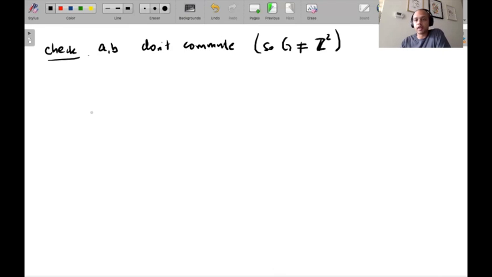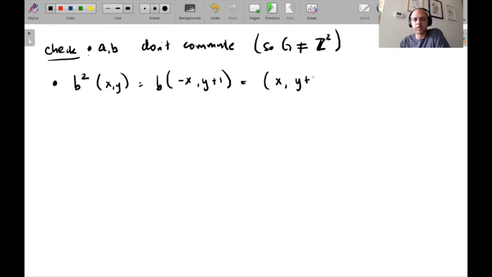Oh, but on the other hand, let me also mention that if I do B squared, so this is B applied to (-x, y + 1). I negate the x coordinate again, and then y + 2.